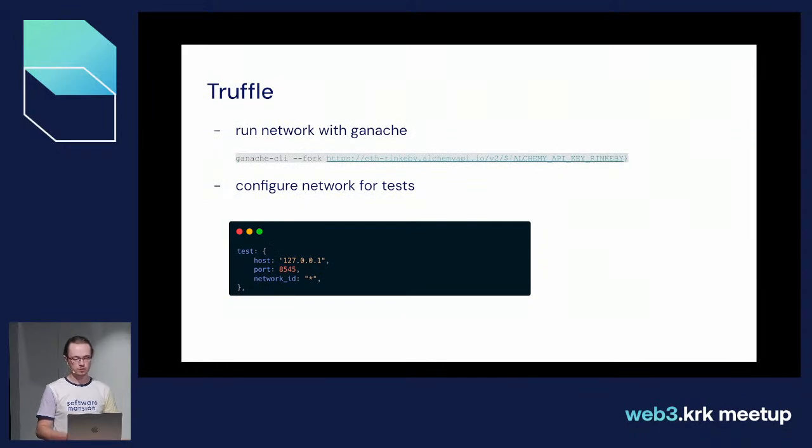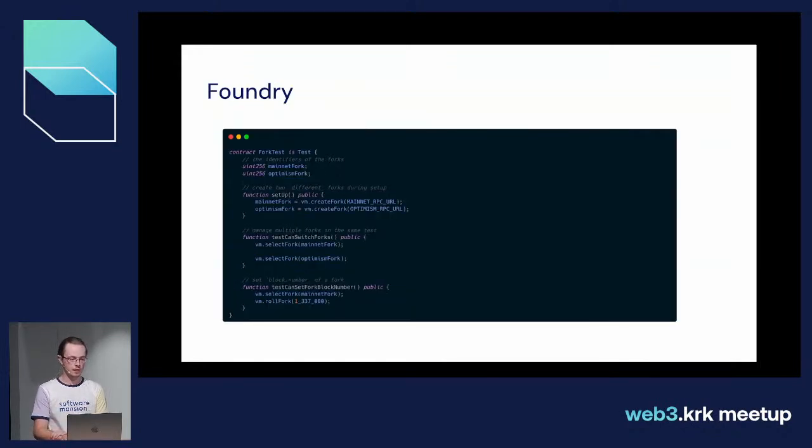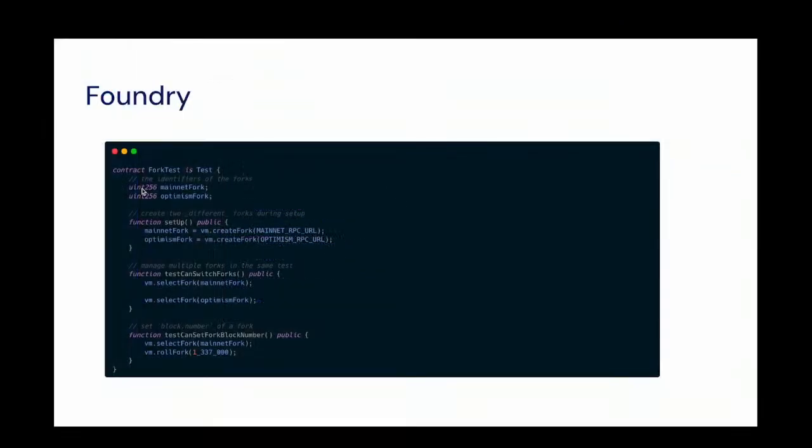And in Truffle, you have to use something called Ganache. It's a local node, and you can fork a real network with it, and then configure it in the Truffle config.js, as far as I remember correctly, and run those tests on the state. However, in Foundry, you can configure it inside the test, and even change forks inside this one test.